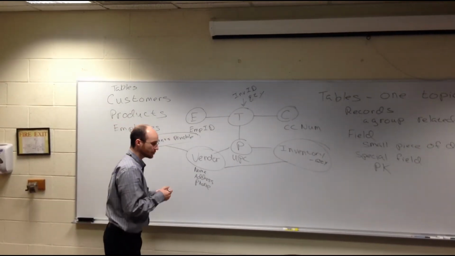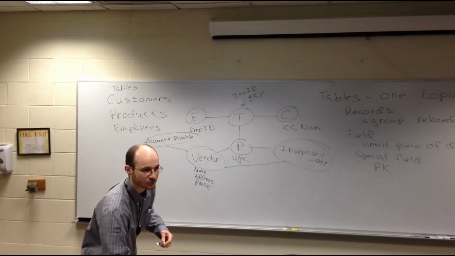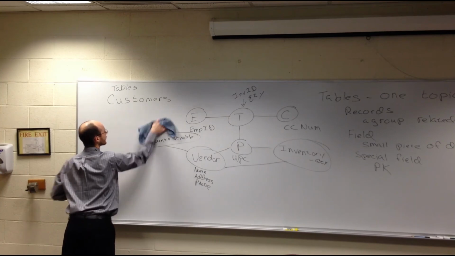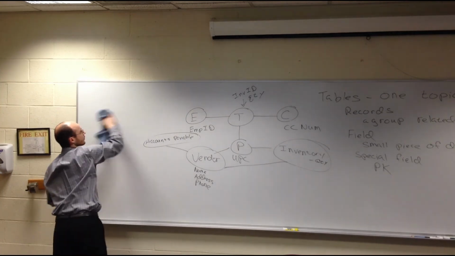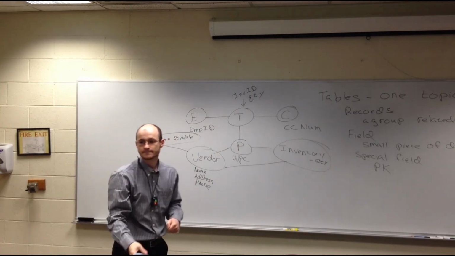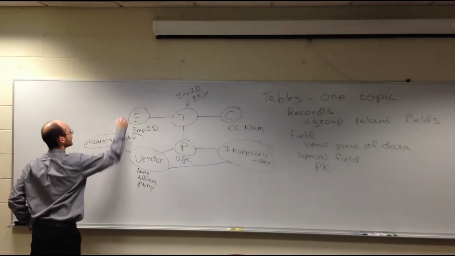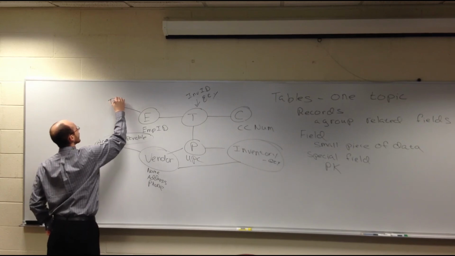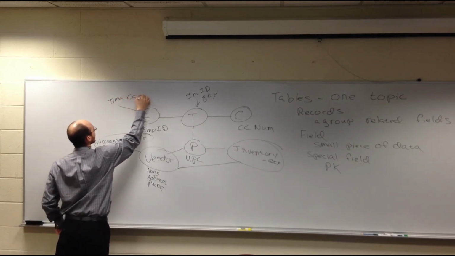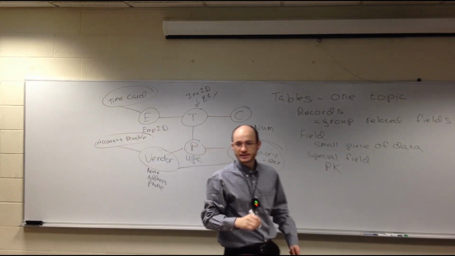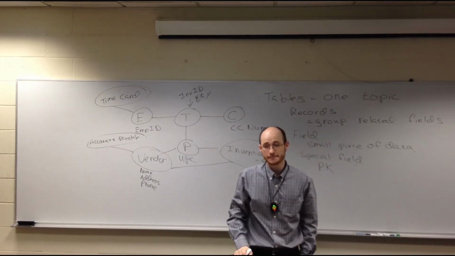What should be connected to the employees table if you guys are responsible business owners? What's that? Hours worked. Is that the only thing that should be tied to the employees table?